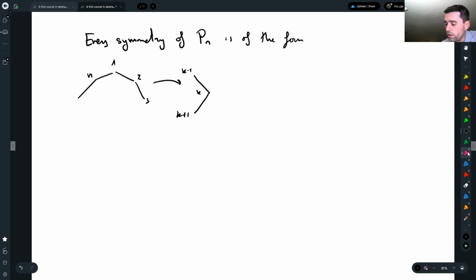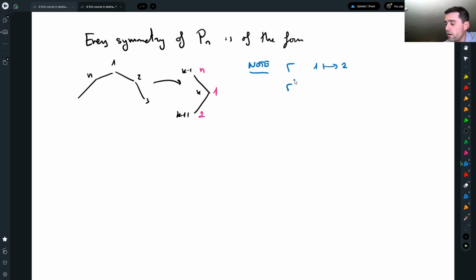So 1 ends up here, 2 ends up here, n ends up there. And that one, you see that 1 is being sent to k, 2 to k plus 1. So it's also a rotation. And note that r sends 1 to 2.